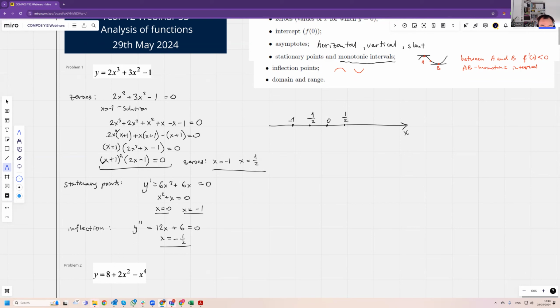We want to know the sign of f of x, f prime of x, f double prime of x.